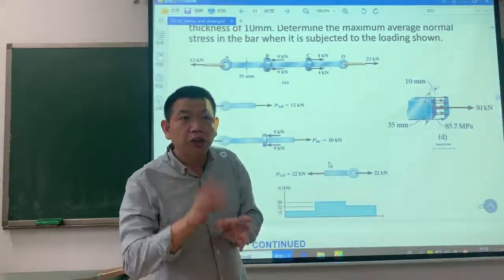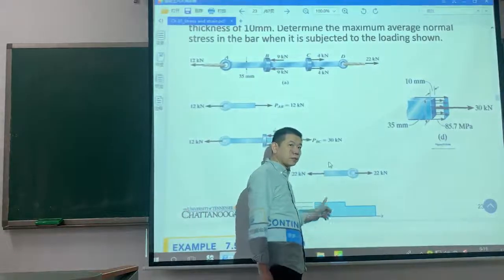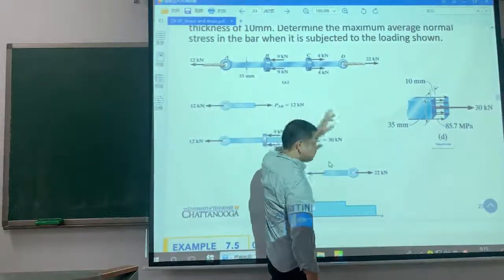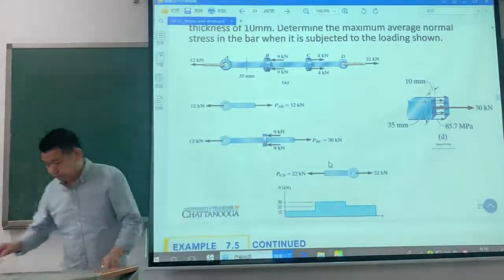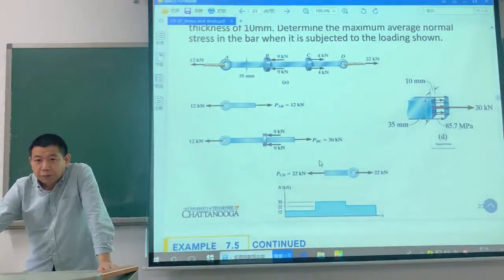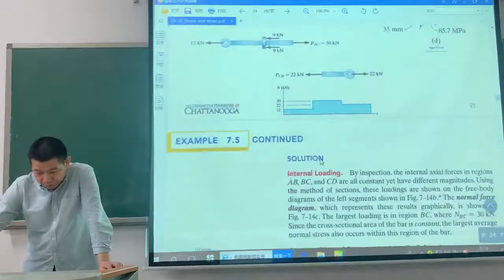We just find the largest one, so we just find the stress in BC. Understand? Yes, sir. Because BC is the dangerous segment.